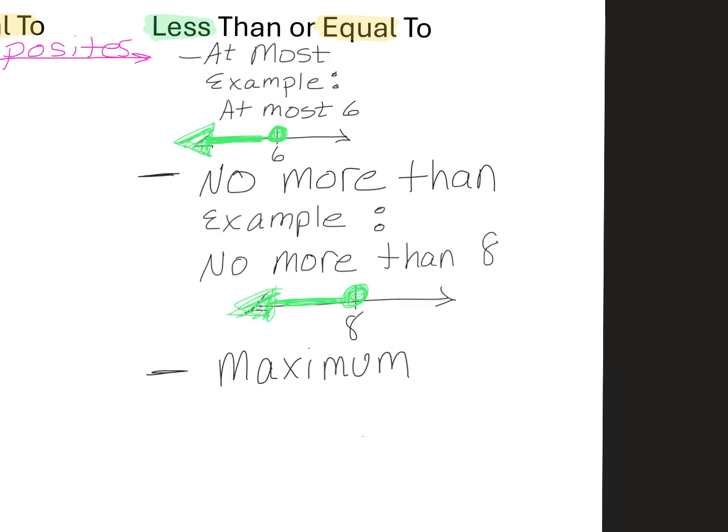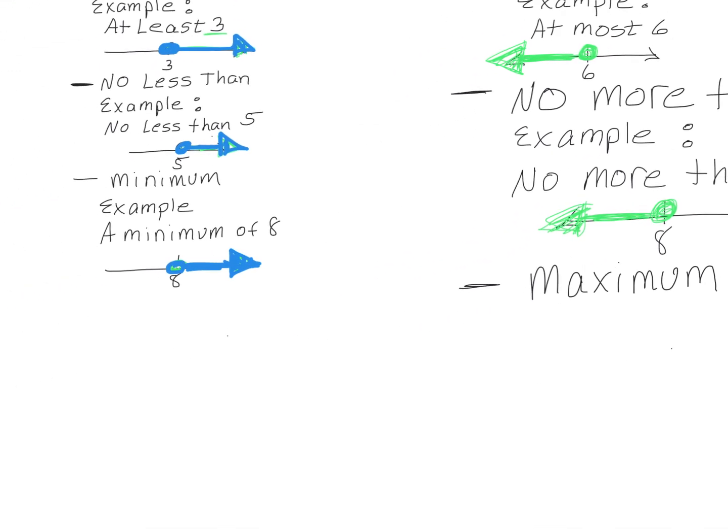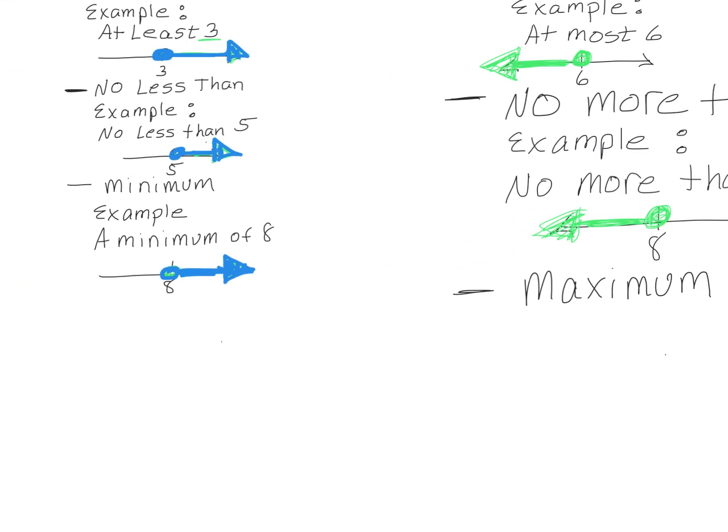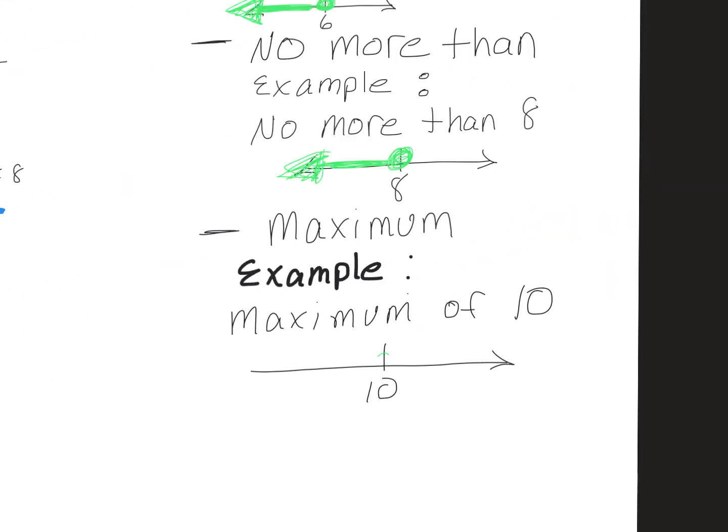We also use the word maximum, which is the opposite of minimum. So that means a maximum of 10 could be 10 or any number below 10, but no more, because 10 is the maximum.